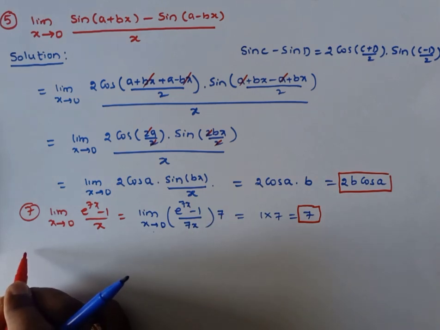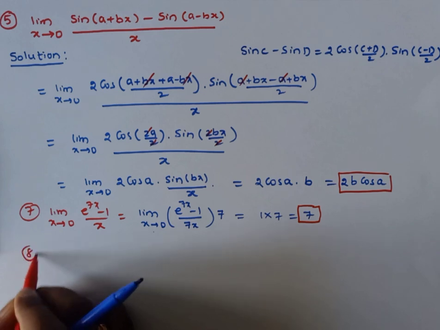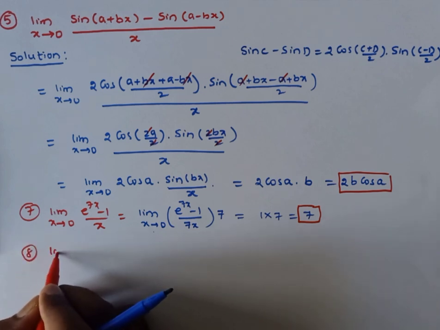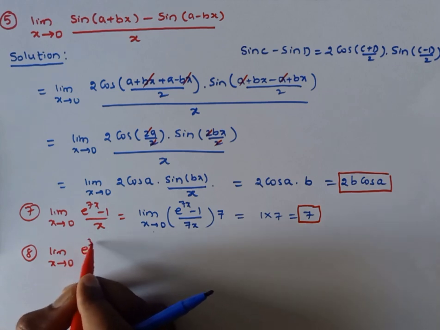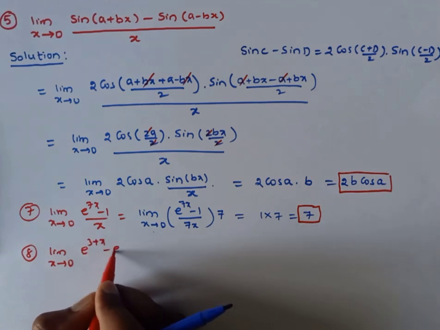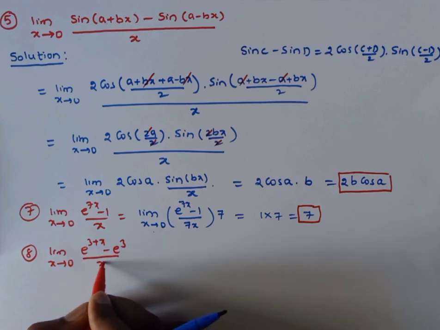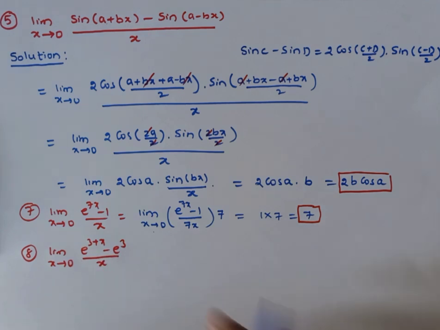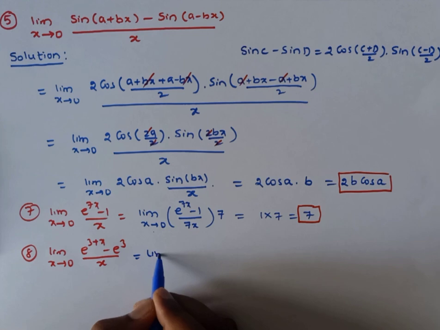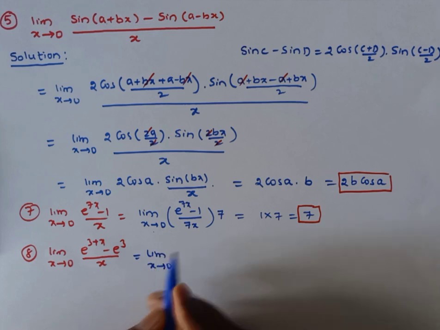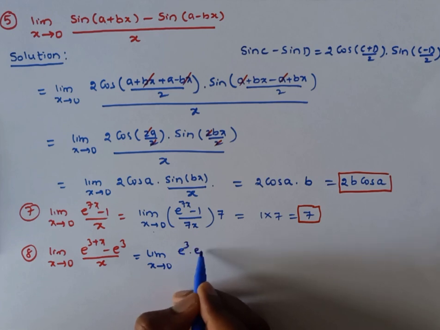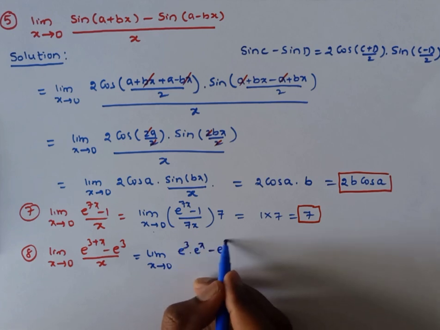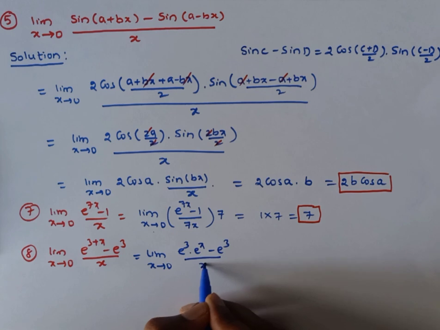Now next, in a similar model, limit x tends to 0 of e to the power of 3 plus x minus e to the power of 3, divided by x. Here e power 3 plus x is there, so we can write it as e power 3 into e power x minus e to the power of 3, divided by x.